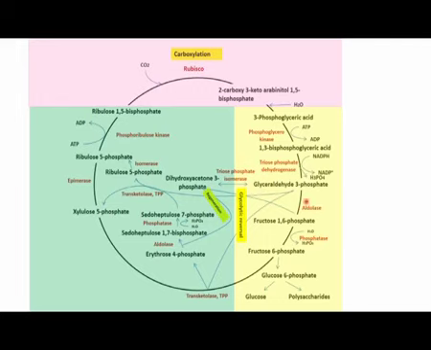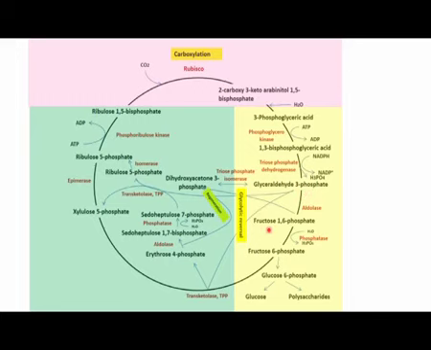The other portion of glyceraldehyde 3 phosphate and the dihydroxyacetone phosphate, both isomers, go through a condensation reaction with the help of an enzyme known as aldolase to form fructose 1,6 bisphosphate.